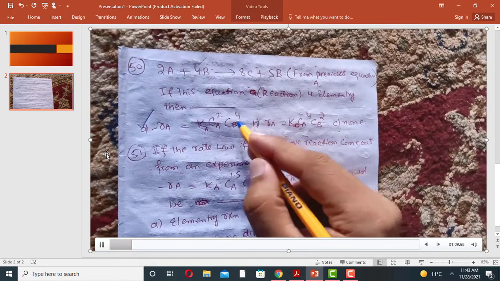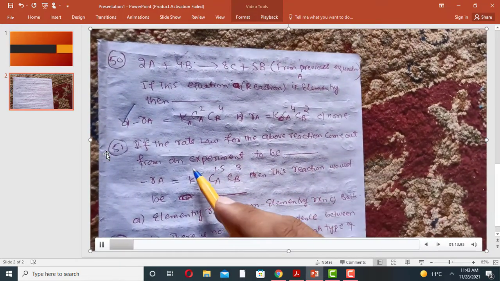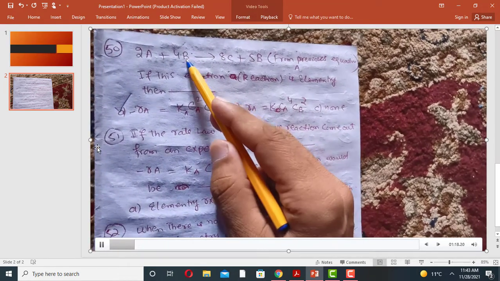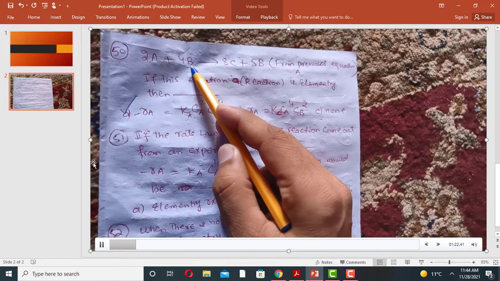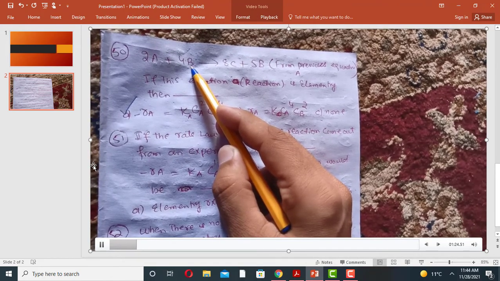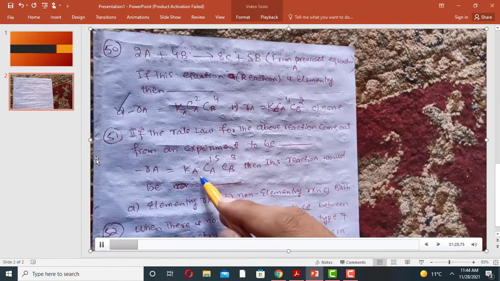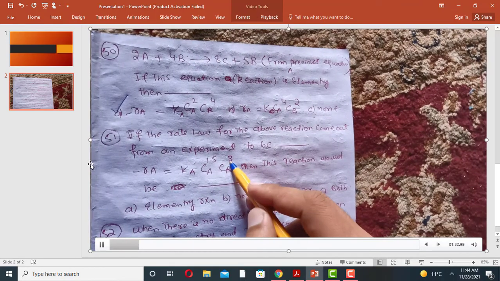Suppose we perform some experiment and obtain the rate law from experiment, which is -rA equal to kA CA to the power 1.5, CB to the power 3.